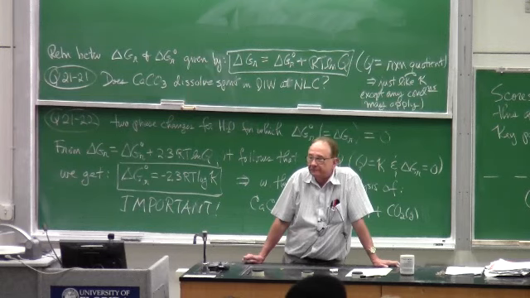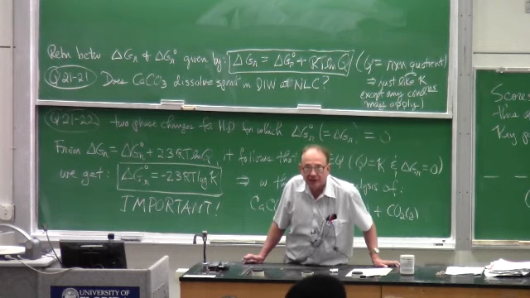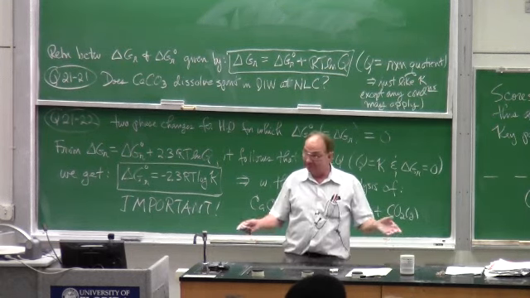Upshot, delta G0 for solution formation of sodium chloride at 25 C is negative, spontaneous, because you can get a concentration of the component ions which exceeds 1 molar. That's all there is to it.